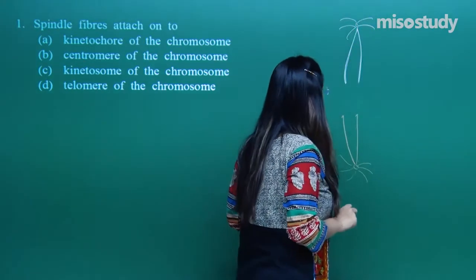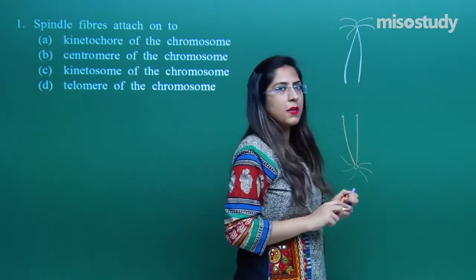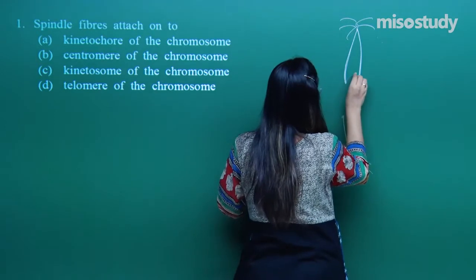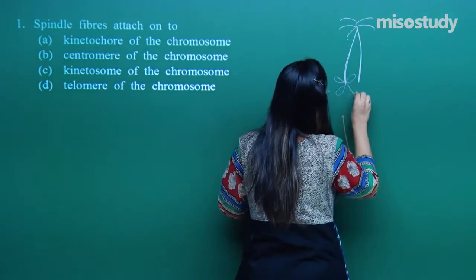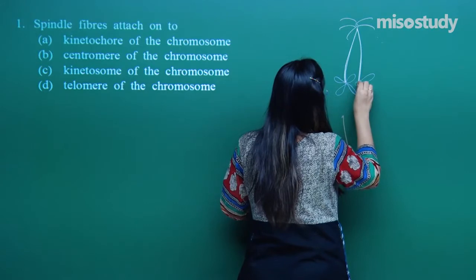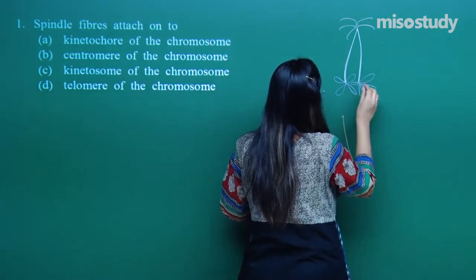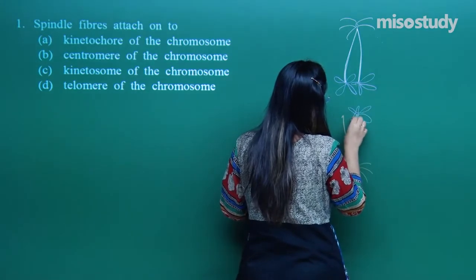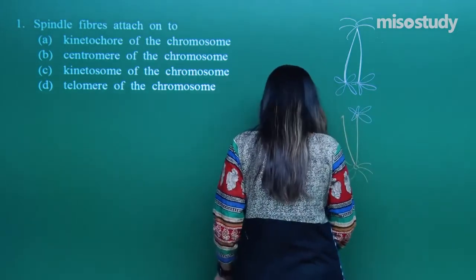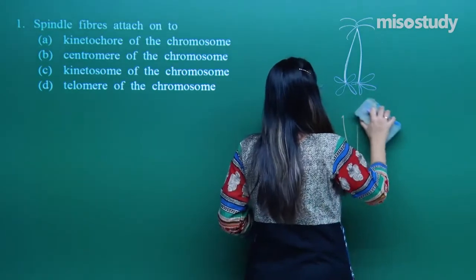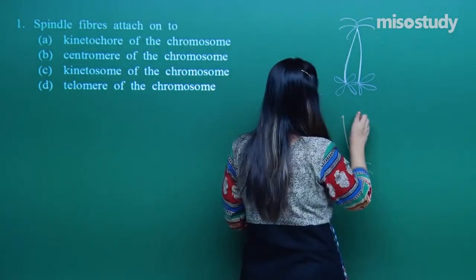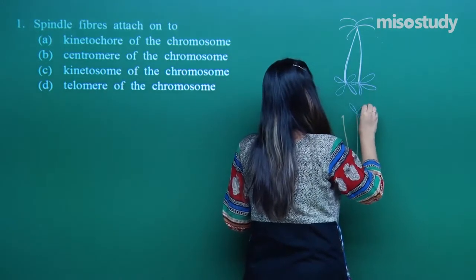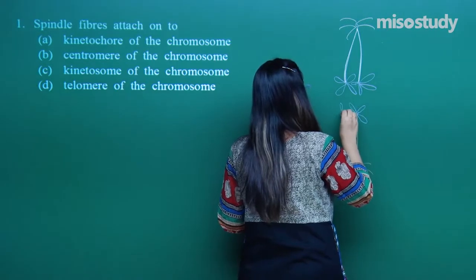The spindle fibers are attached to one specific position. This is a chromosome. This is how the chromosomes are arranged.